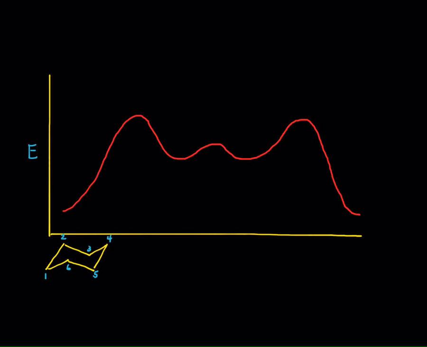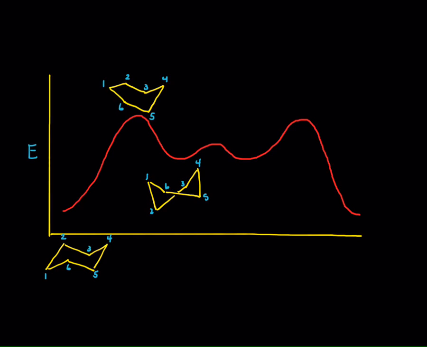Now, as I go from chair to half chair, I have to add a lot of energy because now I have that torsional strain, all of the eclipsed bonds associated with it. As I move C1 up even further and the molecule twists a little bit, I'm alleviating most of the torsional strain. There's still some eclipsed bonds associated with it.